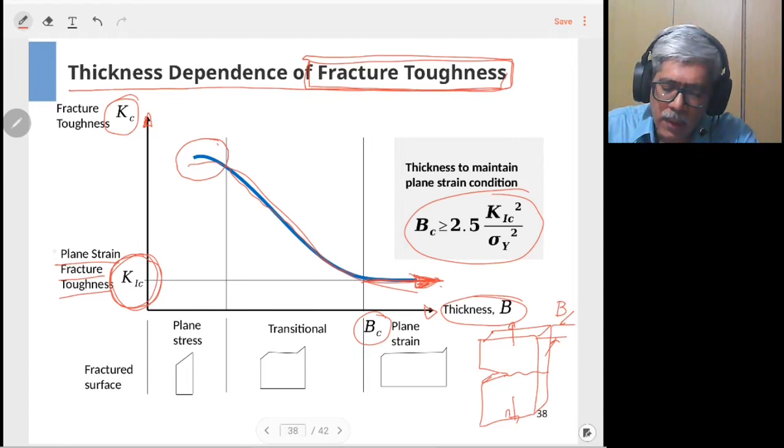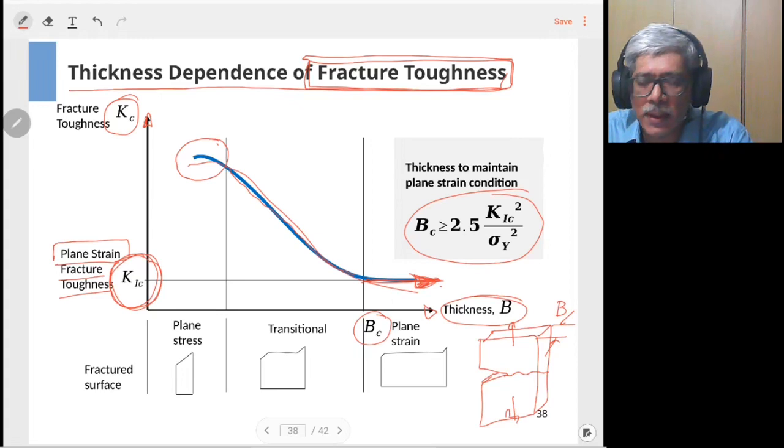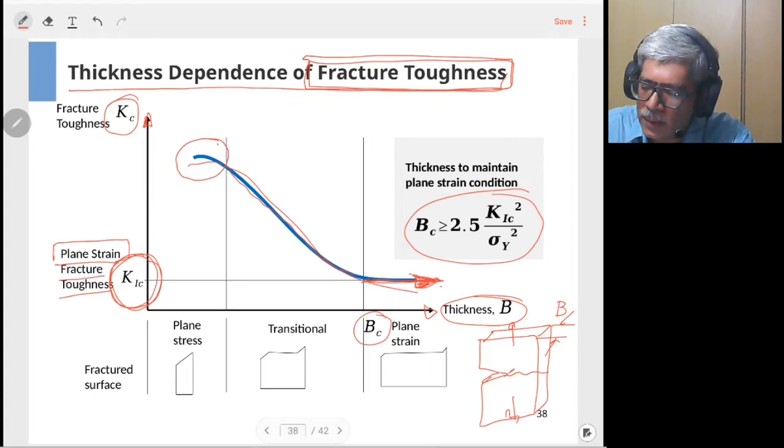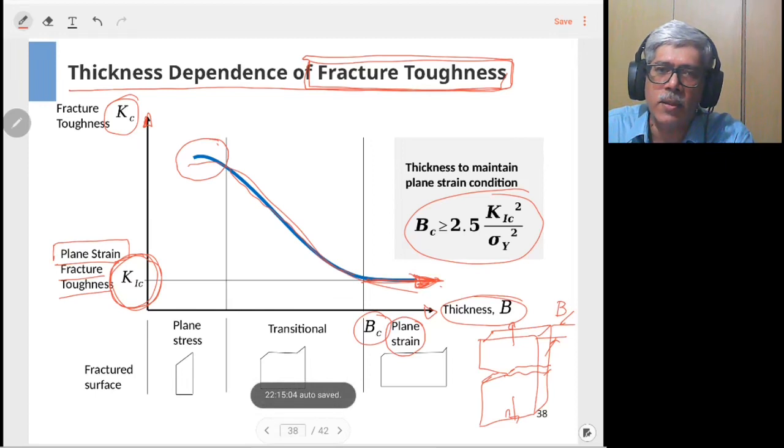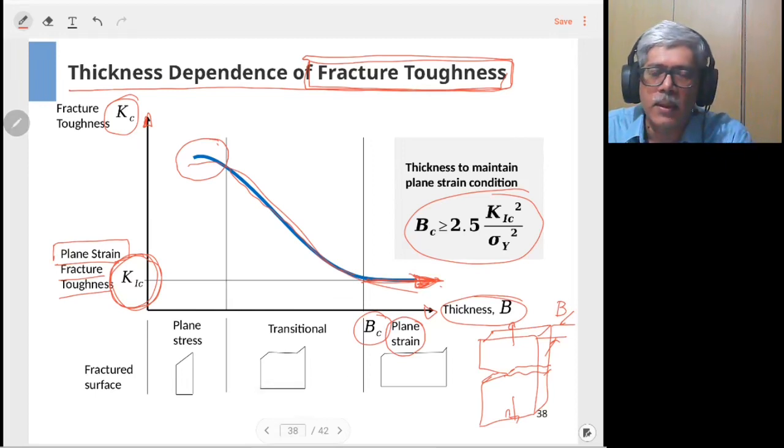The term plane strain appears here because of the stress field for thick specimens around the crack tip. If you consider the behavior of the stresses around the crack tip for very large thickness plates, the behavior matches that of the plane strain stress distribution, which is given by the earlier Westergaard stress function.